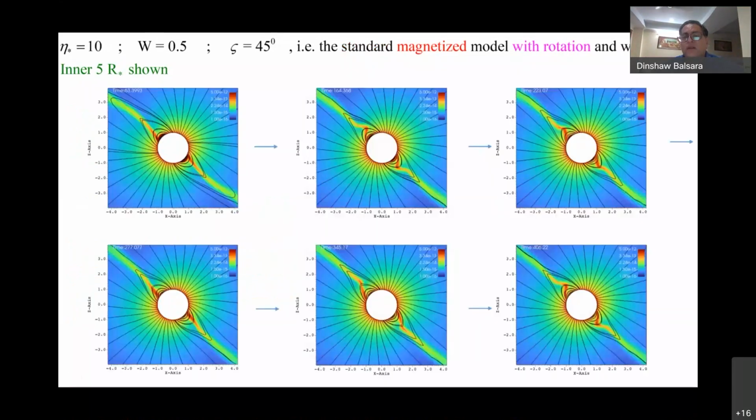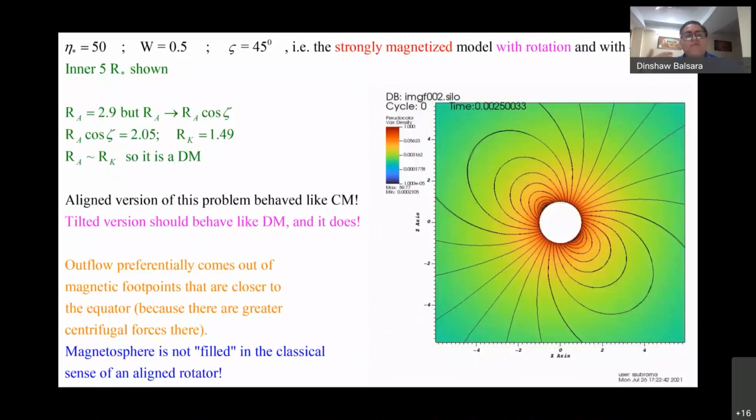Now let's view another situation where we have an even larger magnetic field, namely an Eta Star of 50 with a high rotation rate. And in that case, we had seen before that the Alfvén radius is much larger than the Keplerian radius, and so we expect to see a centrifugal magnetosphere.